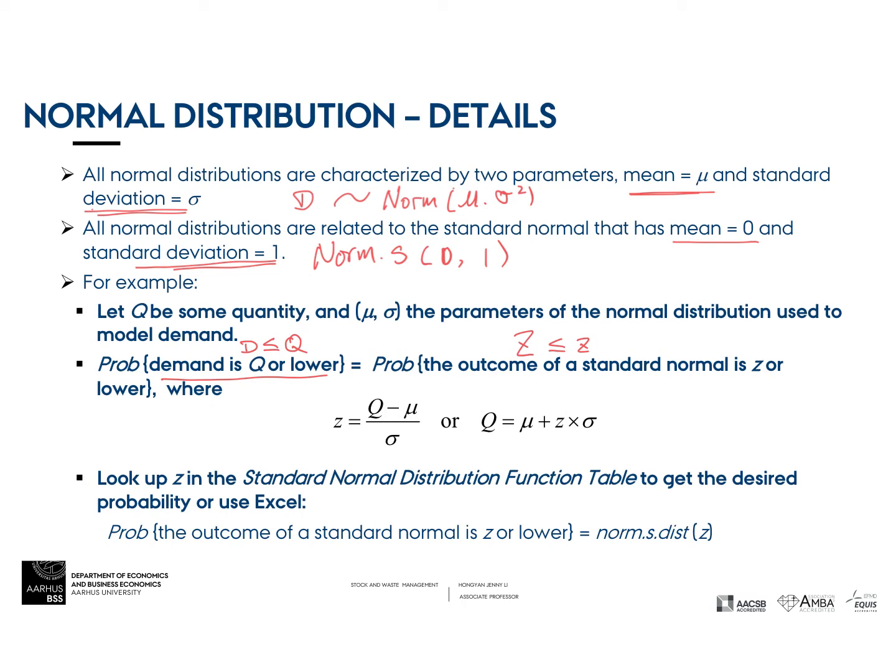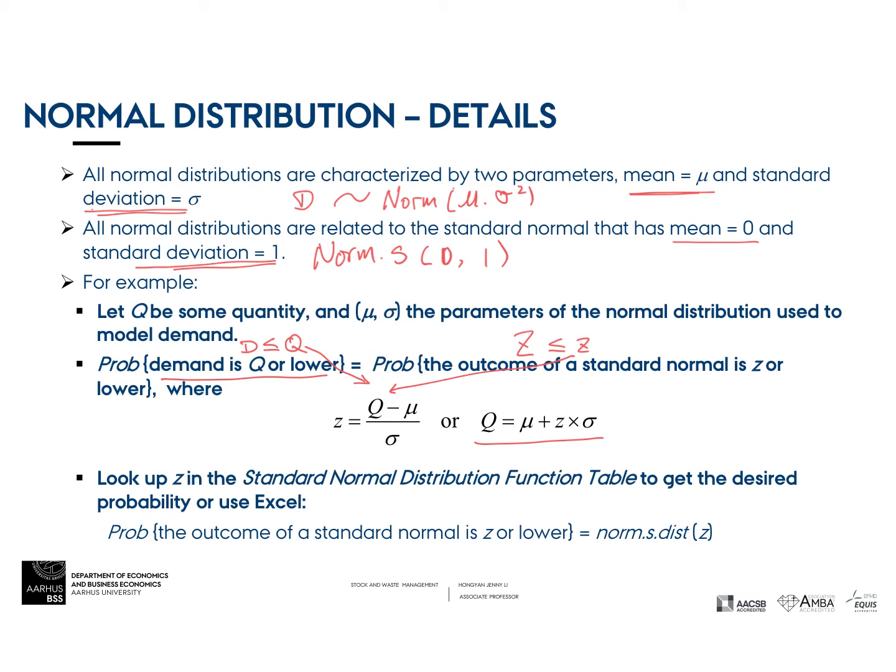So the idea is that for any value of Q, the Q can be transformed into a small value z. So you have a Q, and then you can find the z based on the parameters mu and sigma. So we have Q equals mu plus z times sigma.